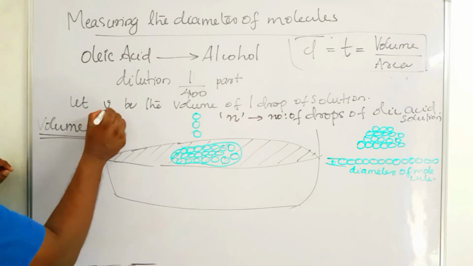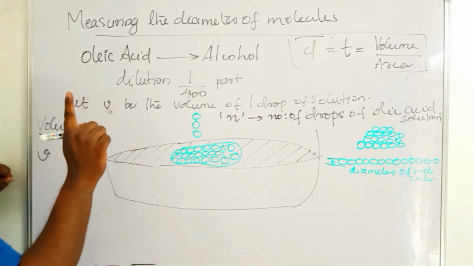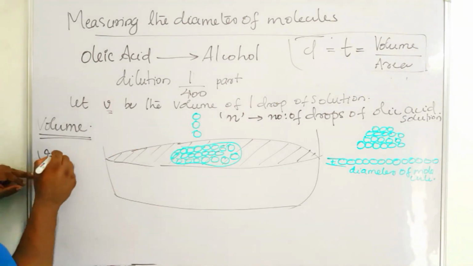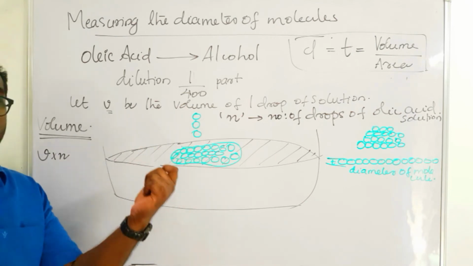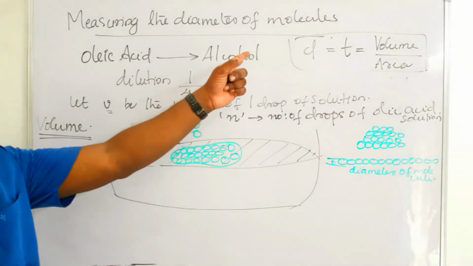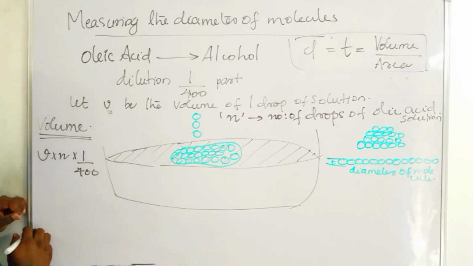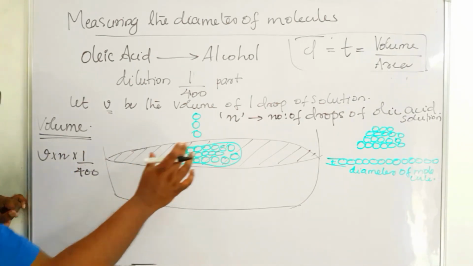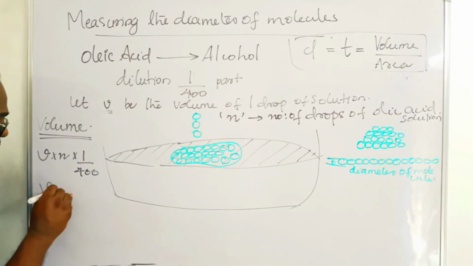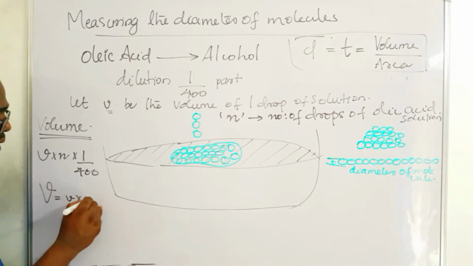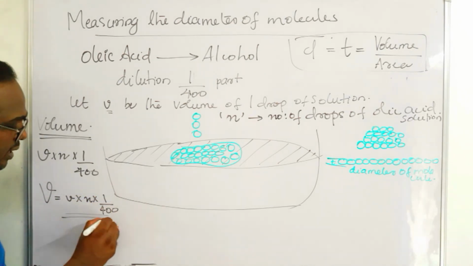If small v is the volume of one drop, we have poured n drops, so v into n is the total quantity we have poured. Out of that, how much is oleic acid? 1 by 400, right? So into 1 by 400. So this is the total volume of the oleic acid molecules. We got the capital V, that is small v into n into 1 by 400.